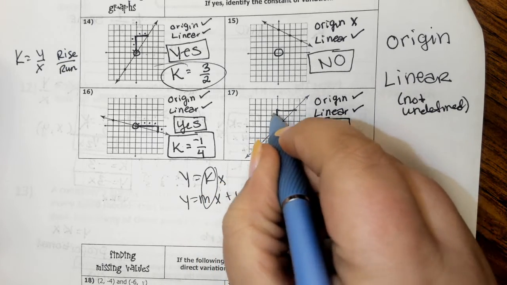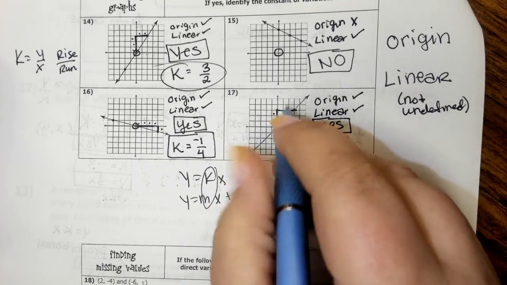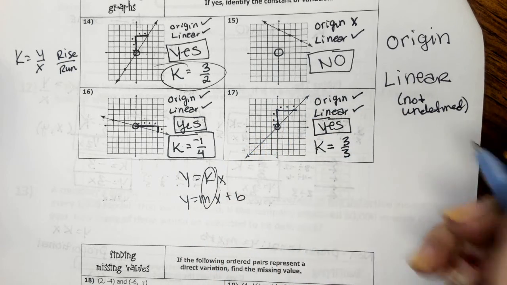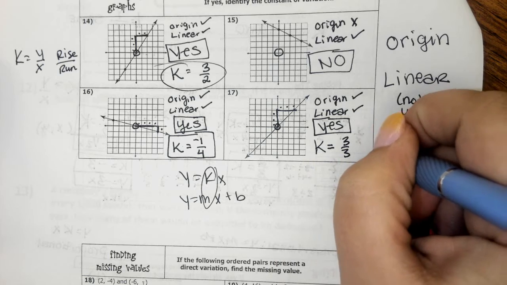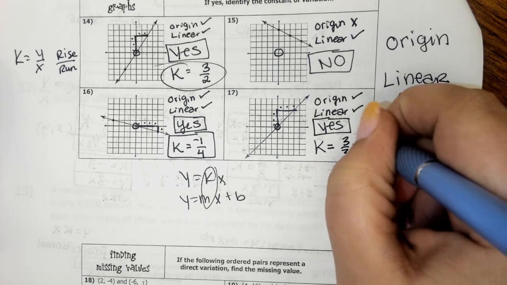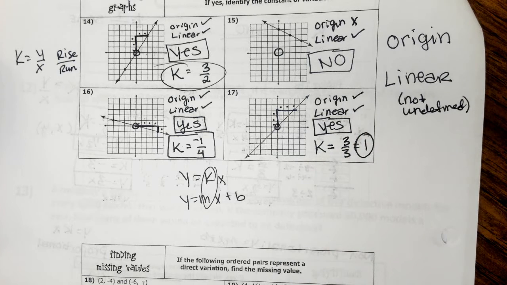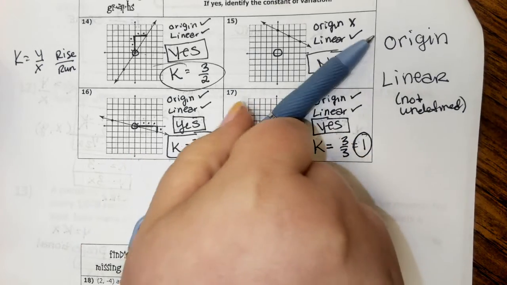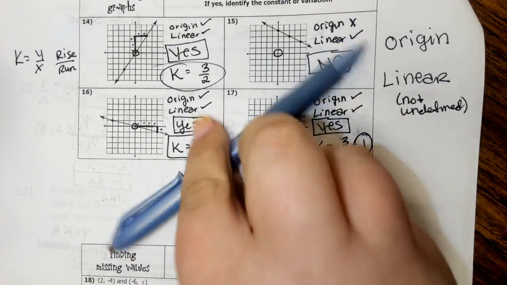Rise is 1, 2, 3. Run is 1, 2, 3. And 3 over 3 is the same as 1. So I'm going to say that k is equal to 1. And that is positive from left to right. This goes up.